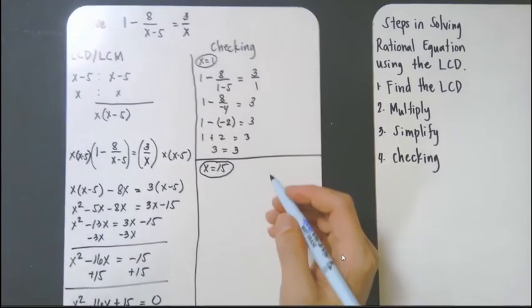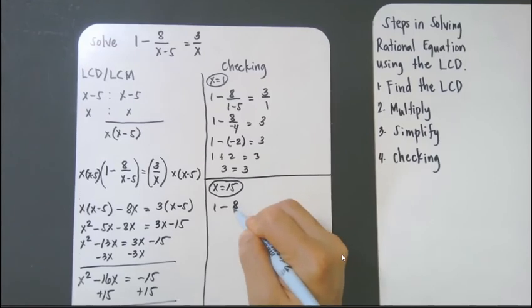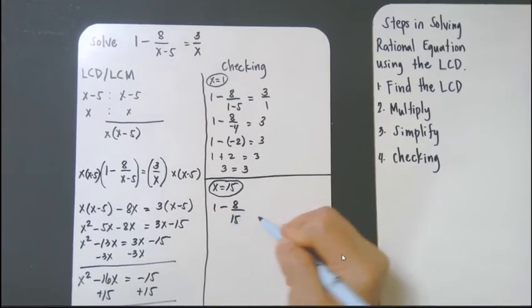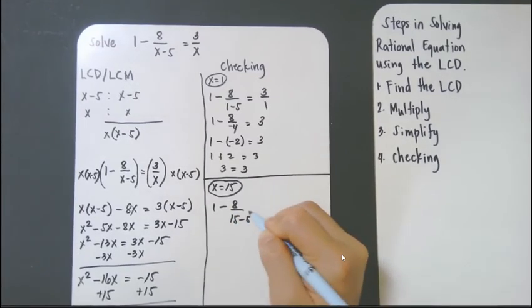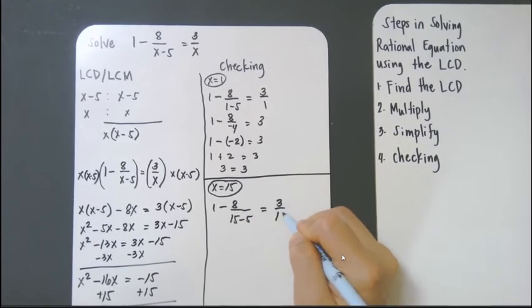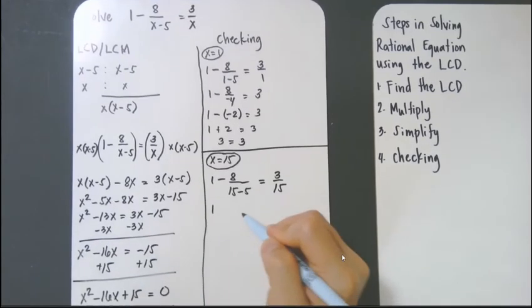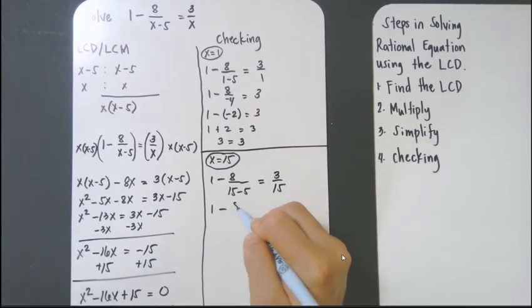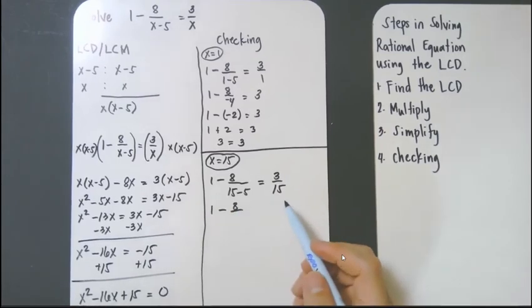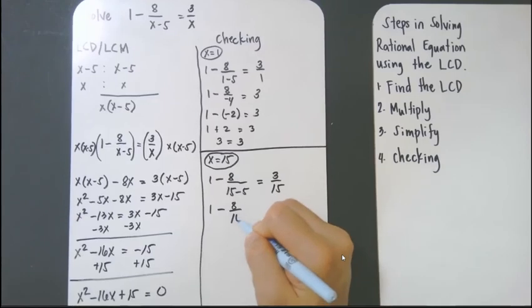Again, we plug in. So we have 1 minus 8 over 15 minus 5, which is equal to 3 over 15. Now let's simplify. So we have here 1 minus 8 over, what is 15 minus 5? That is 10.